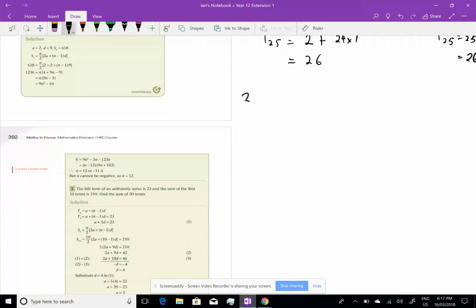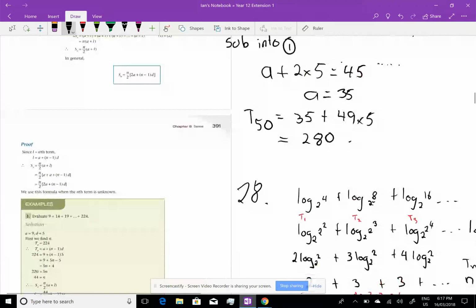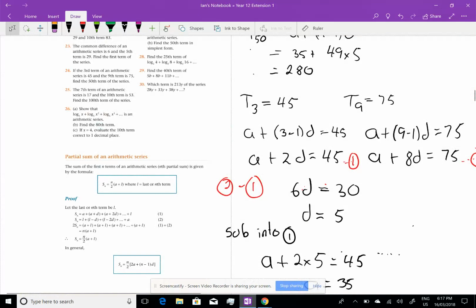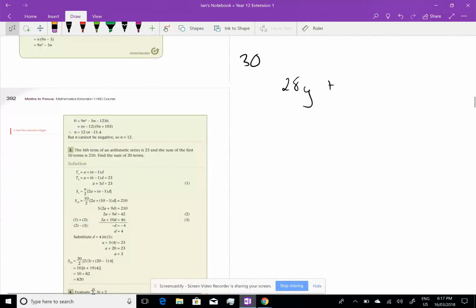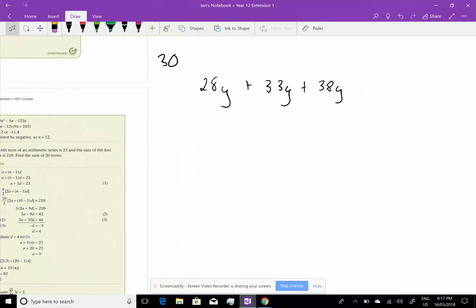So here's 30. 28y plus 33y plus 38y. Well, I'm going to take the y out, and I'm just going to look at this series with the numbers 28 plus 33 plus 38.